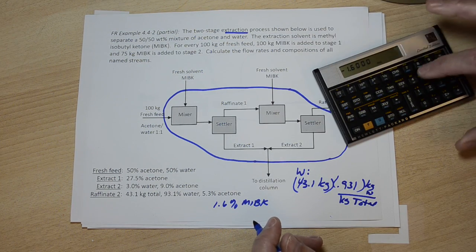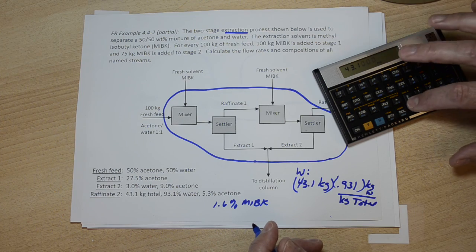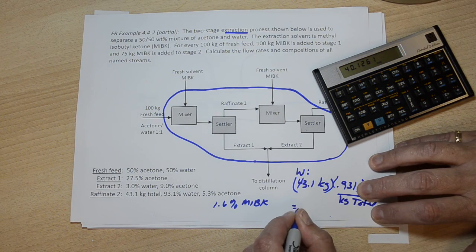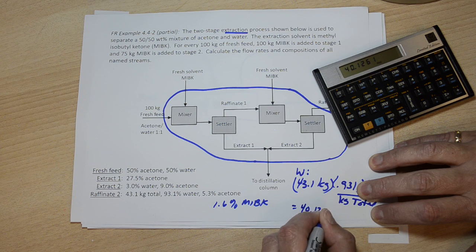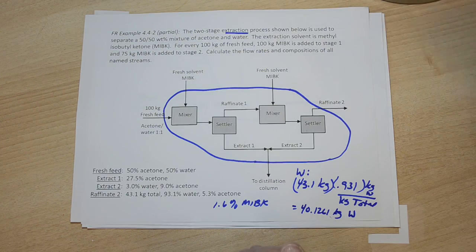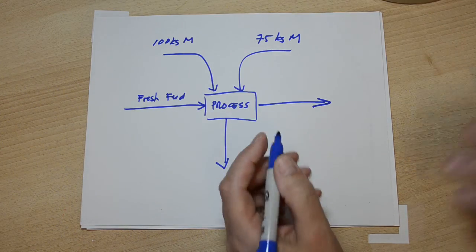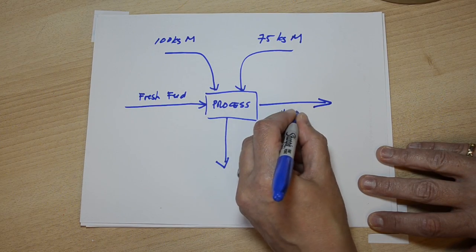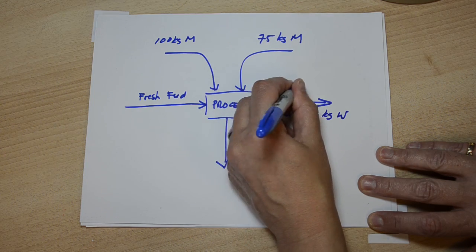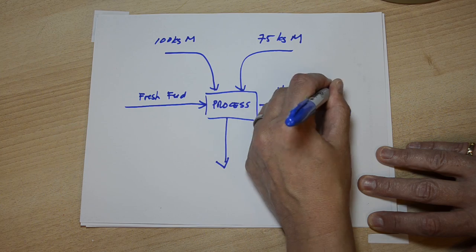So the total amount of water is 43.1 multiplied by 0.931, and I get 40.1261 kilograms water. So that I'm going to put over here. 40.1261 kilograms of water. And there's 43.1 kilograms total.